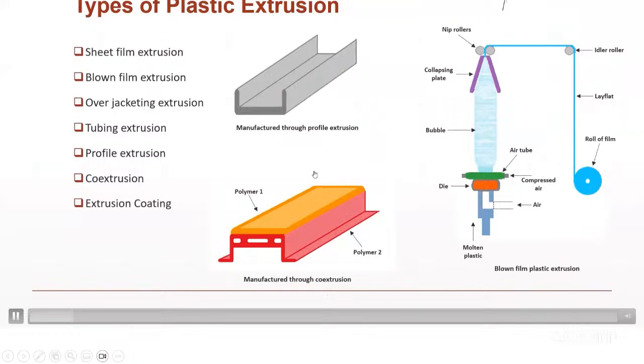See, these are the various profiles we are going to extrude by this. Then blown film also. Even these are the various profiles we are going to see. These are the blown films we are also going to see just now.